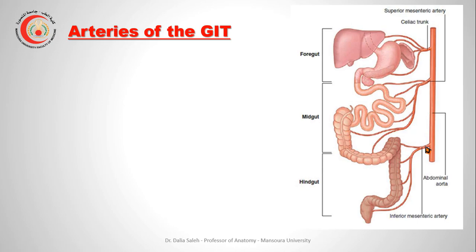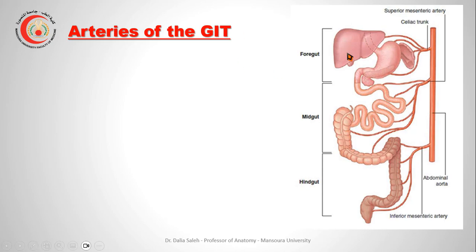As you know from the embryology lectures, the gastrointestinal tract and its derivatives are divided into three main parts. We have the foregut, the midgut, and the hindgut. The foregut includes the esophagus, the stomach, the upper half of the duodenum till the opening of the hepatopancreatic duct, and the accessory organs related to the foregut.